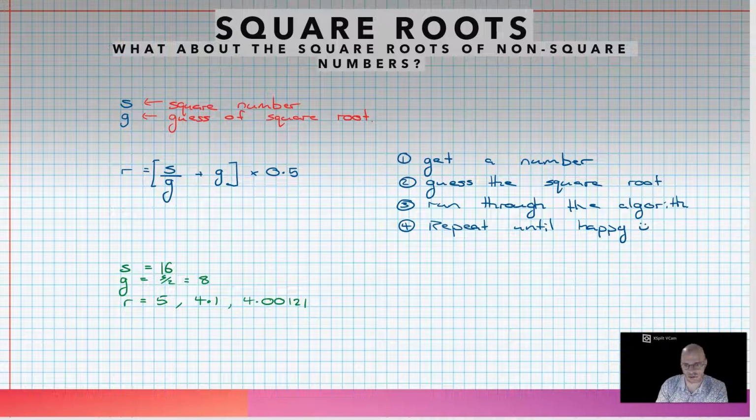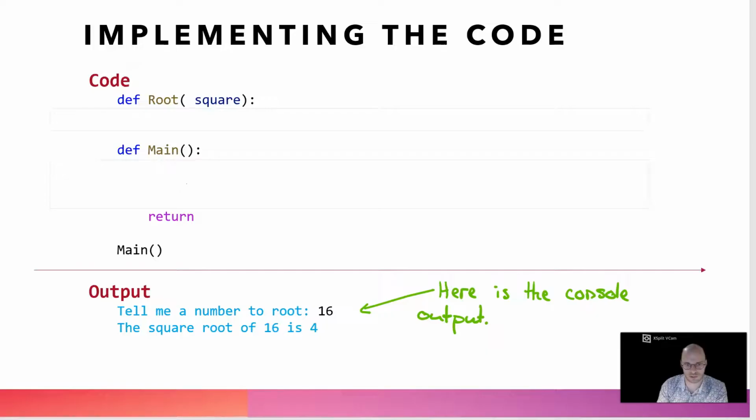Alright, cool. So let's jump over and look at a template here. This is a template for our program. The first instruction is we're looking at the output, tell me a number to root. We have to get a number from the user. Then we have to guess the square root.